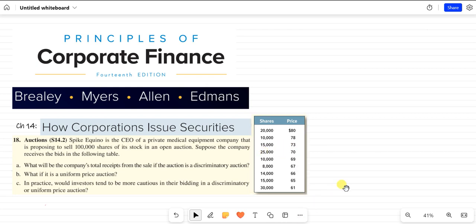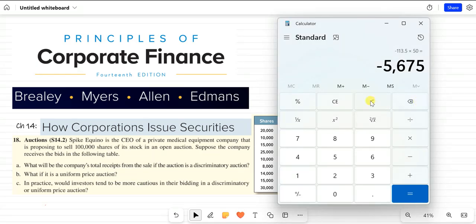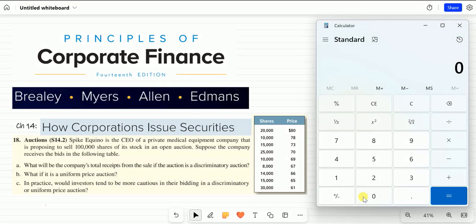So we need a total of 100,000 shares. To complete 100,000 shares, we need the first 20,000 shares.